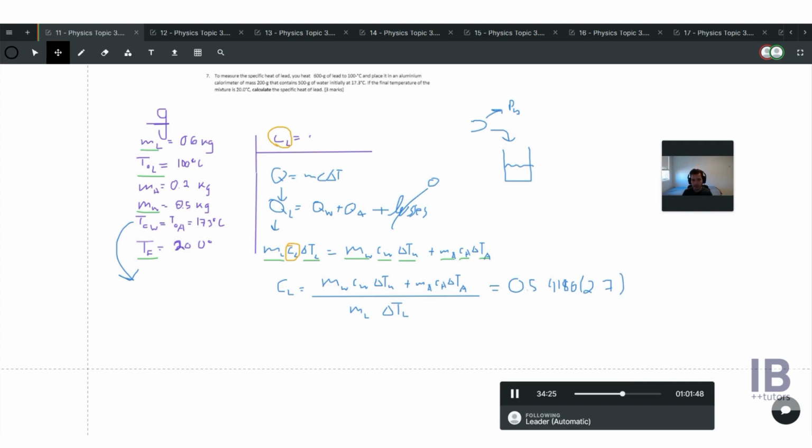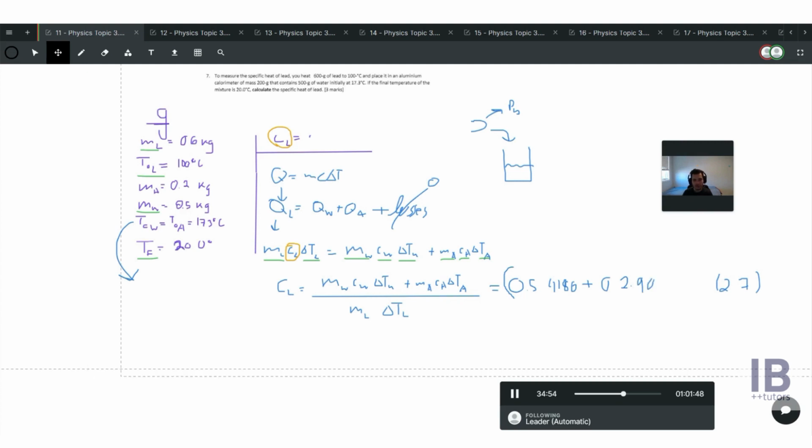And by the way, do you see how delta TW and delta TA are actually the same? So we can factor this out because it's a common factor. We can just say 0.5 times 4186, so MW times CW, plus MA times CA, which is 0.2 times, what is the C of aluminium?